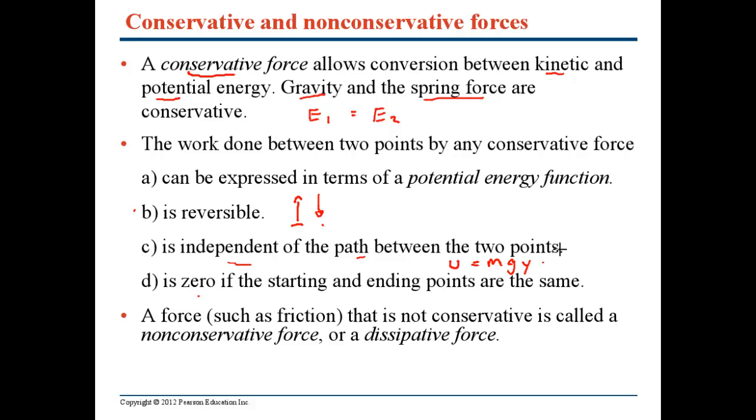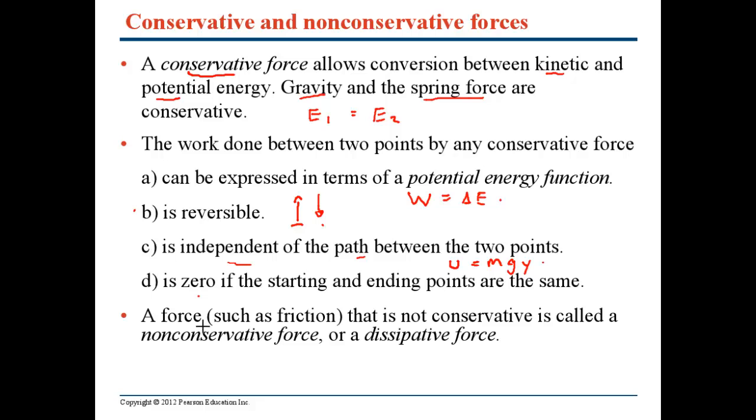If the starting point is the same as the finishing point, then there has been no energy changed. So the work can be expressed as a potential energy function. What that really means is the work is going to be equal to the change in energy of the system.